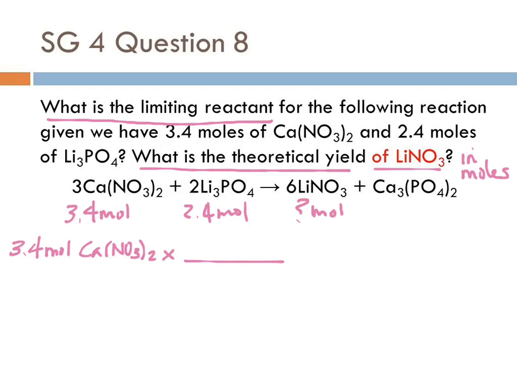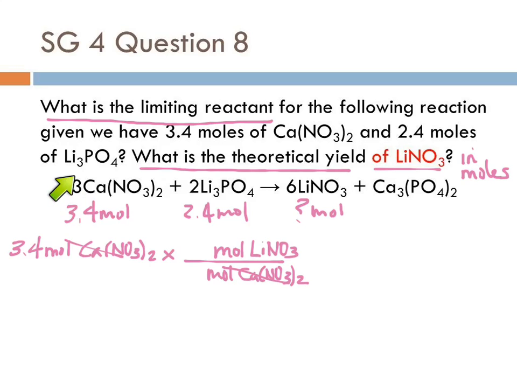Moles of what we're starting with, and then lithium nitrate is what we're looking at, so we're going to go to moles of lithium nitrate. And that's going to be divided by moles of calcium nitrate because we want these units to cancel out. Then we look at our equation.